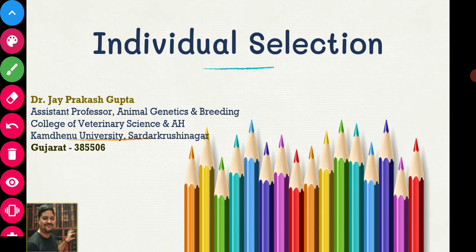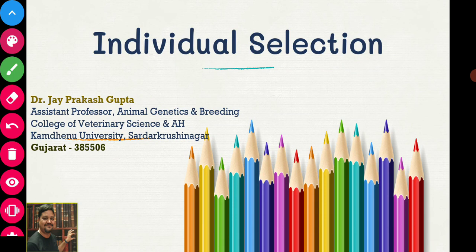If you remember last class, you studied individual selection, pedigree selection, family selection, progeny testing, within family selection, etc. Based on the weightage given to the PF and PW, we decided which kind of selection it is.